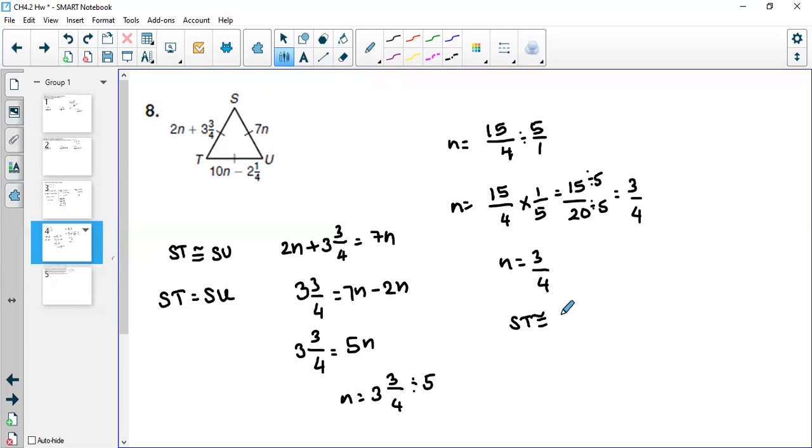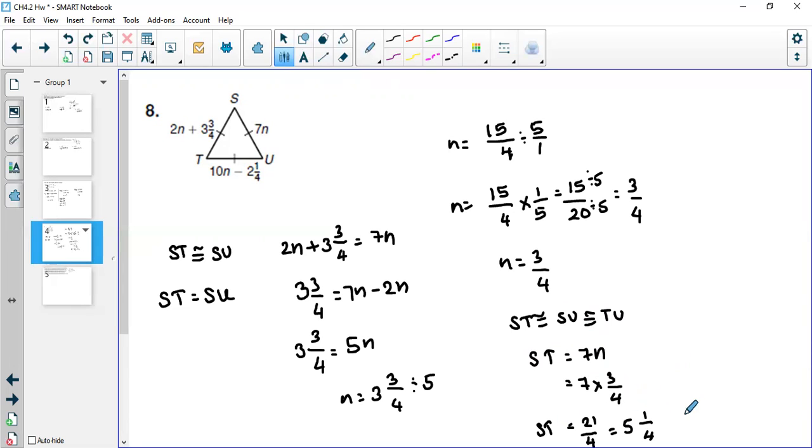ST is congruent to SU, which is also congruent to TU. So SU, which is 7n, is going to be 7 multiplied by 3 over 4. So that will leave you with 21 over 4, which makes it 5 1 over 4.